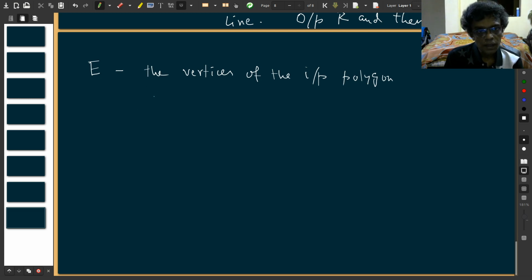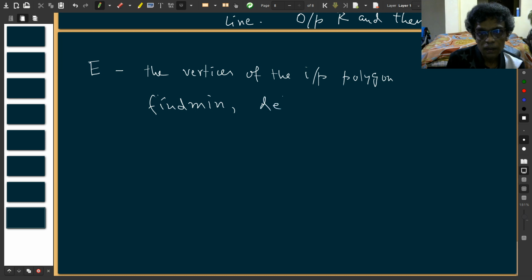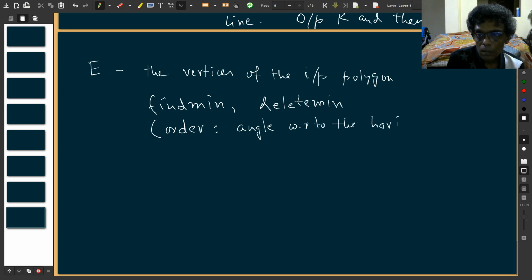You simply find min and delete min. So the sorting order is the angle with respect to the horizontal position. Angle computed in the clockwise direction.